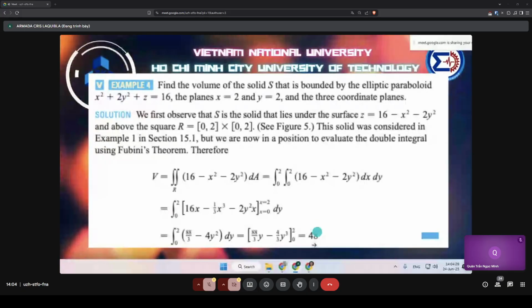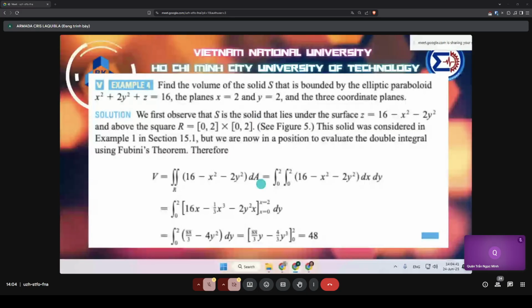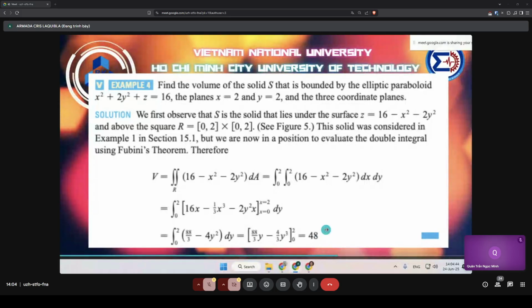But class, as you remember, we solved this already using our Riemann sum. For the Riemann sum, it is expected that it should be lower than 48, because that is just an approximation.